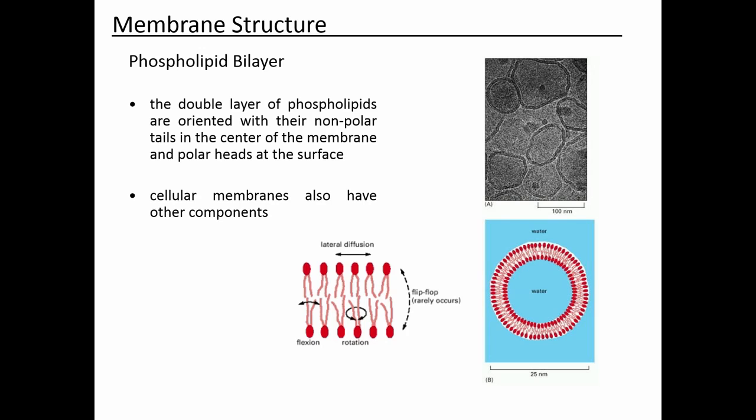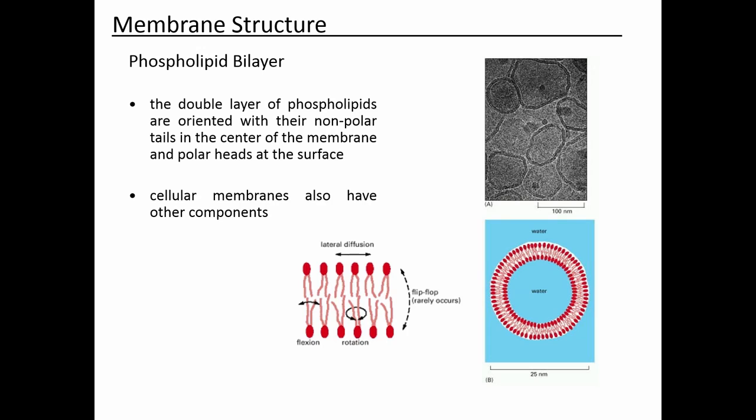Okay, I told you that some organisms are capable of changing the phospholipid composition of their membrane. So let's say that you're an organism and the temperature surrounding your cell goes up.